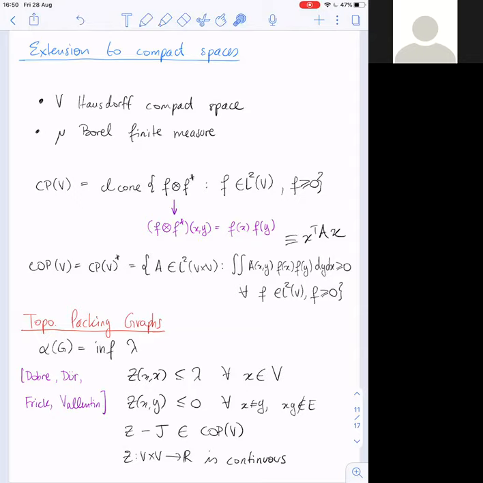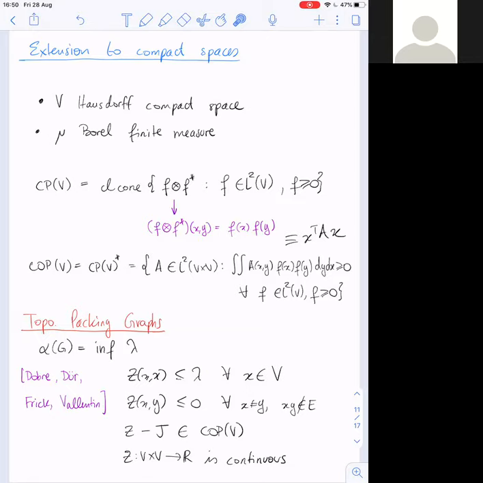So Z is a continuous kernel, so it's a continuous function with domain V times V, and it is symmetric. I forgot to write this has to be symmetric. And Z has to be less or equal than lambda on the diagonal.